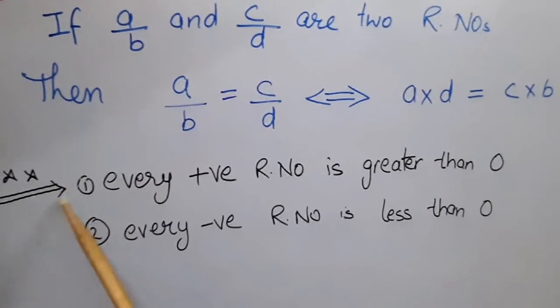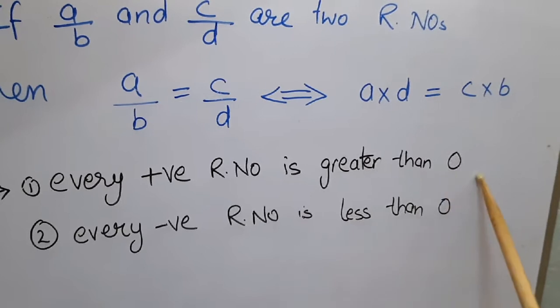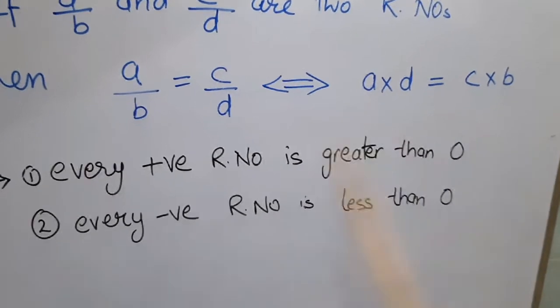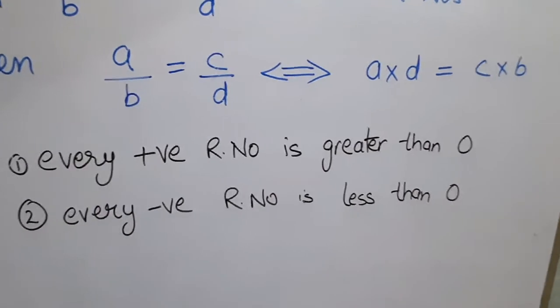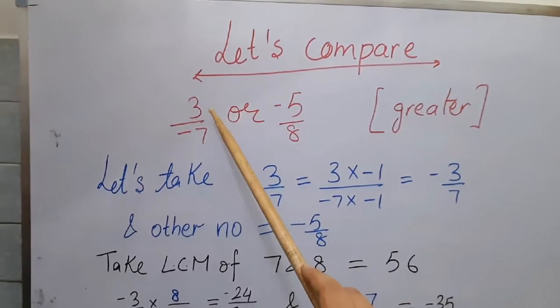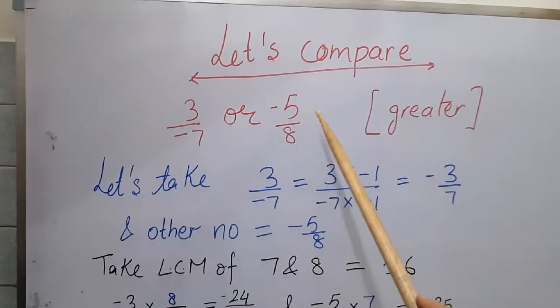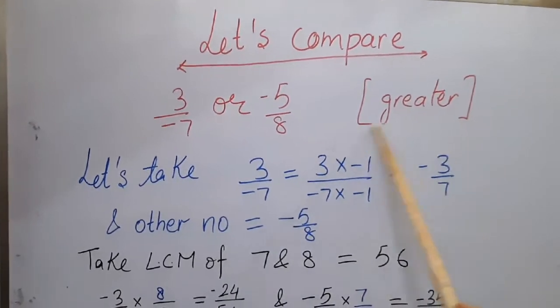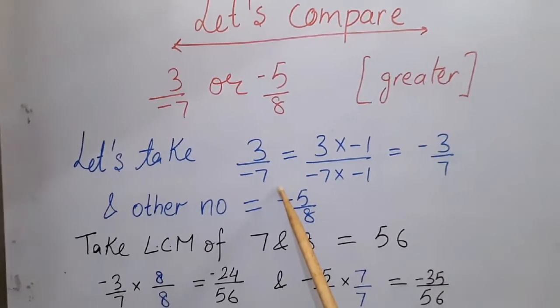Let's recall, every positive rational number is always greater than 0 and every negative rational number is less than 0. Let's compare the two numbers 3 upon minus 7 and minus 5 by 8, which is greater. Let's take 3 by minus 7.